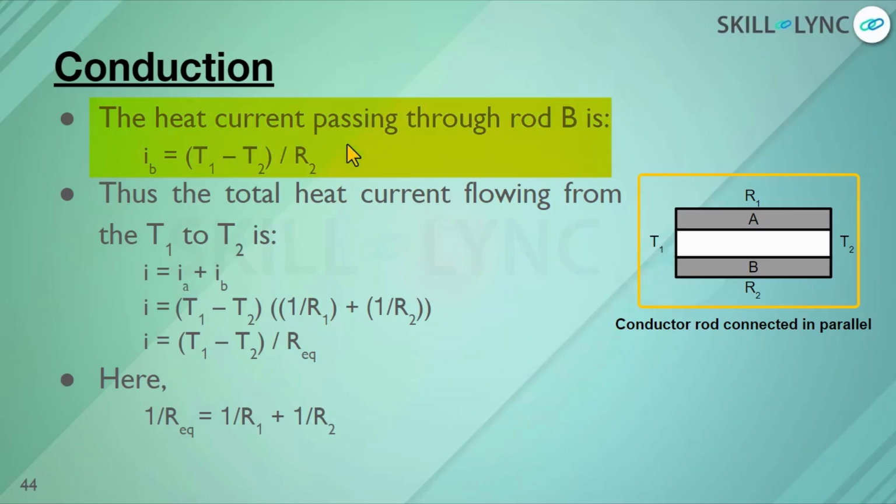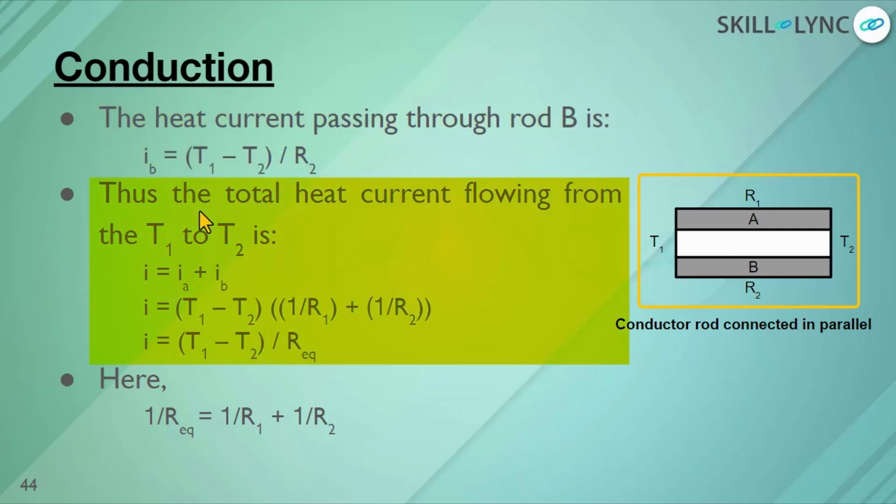Also, the heat current passing through rod B is given by IB is equal to (T1 minus T2) divided by R2, since IB is the heat current passing through rod B, T1 and T2 are the temperatures maintained at the ends of the rod B.